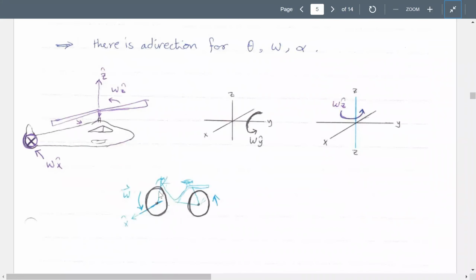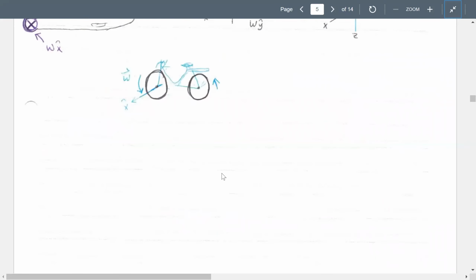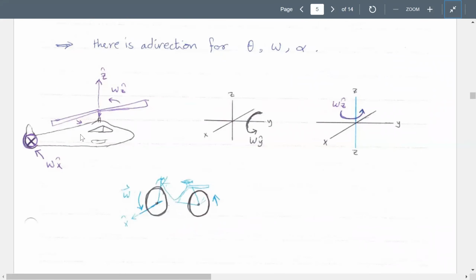Here we have also for this bicycle a rotational direction, which is about the x-axis, for example. So when we talk about rotation, we need to know we also have directions, and these directions are the axis of rotation. Any question about this?